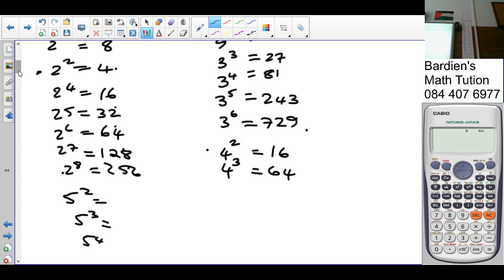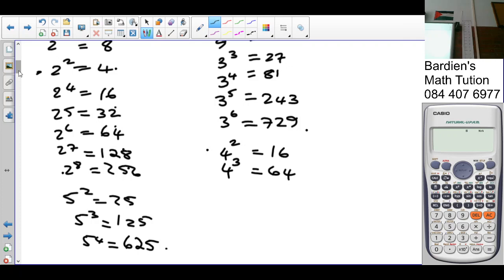What is 5 squared? 25. 5 cubed is 125. So 125 times 5 is 625. Okay? These things you should be able to do in your head. You should be able to, but you can't. Okay?